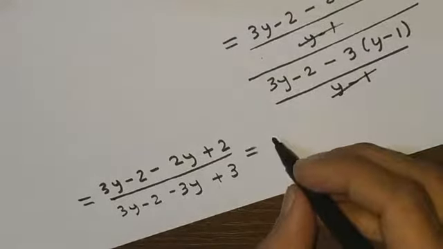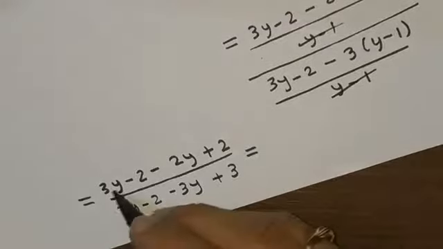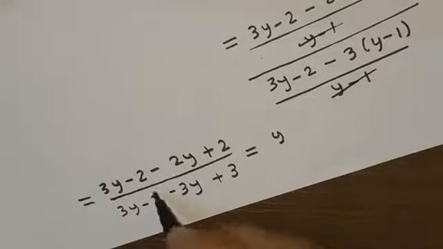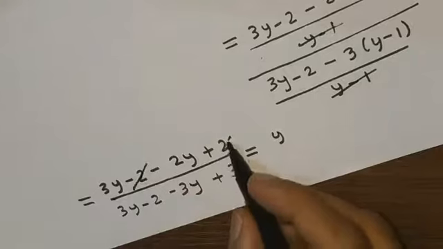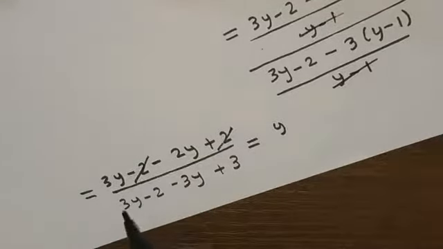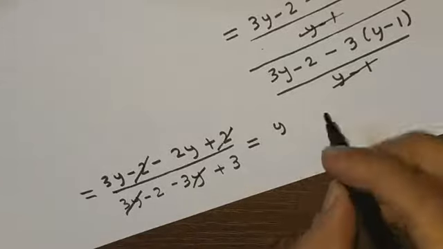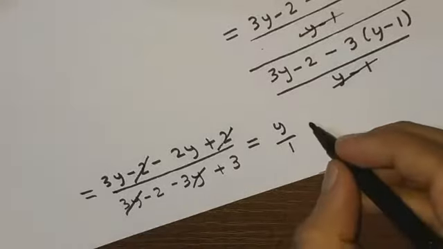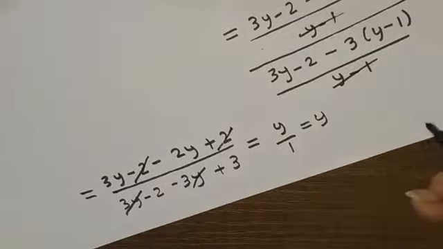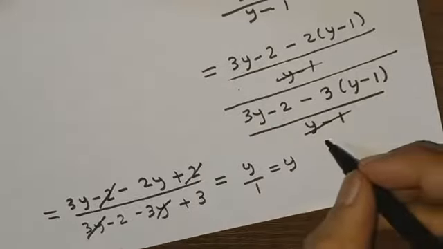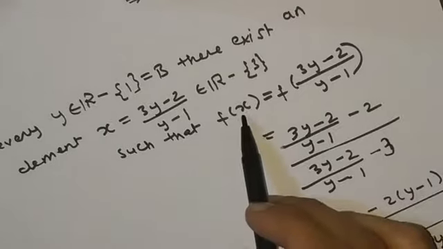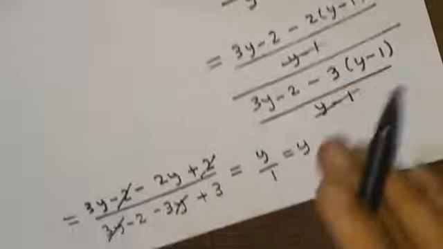So that will be equal to 3y minus 2y is y, minus 2 plus 2 gets cancelled, 3y minus 3y gets cancelled, and 3 minus 2 is 1, which is equal to y. Okay, so what you have got is f(x) is equal to y.